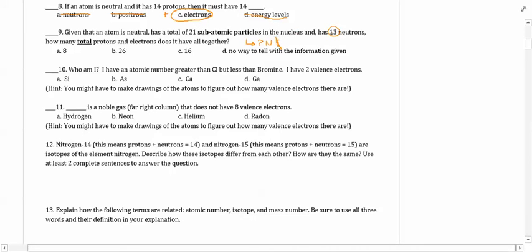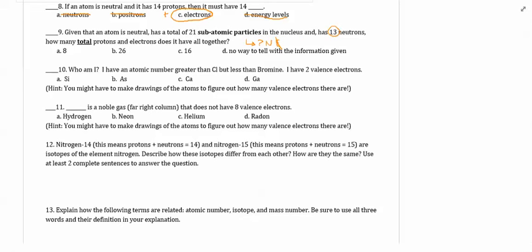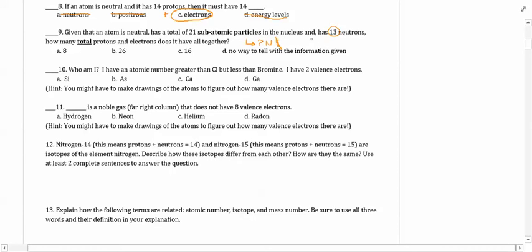So what that means, even before I finish reading the rest of the question, I know that 21 minus 13 is going to tell me the amount of protons. So that means that we are going to have 8 protons.